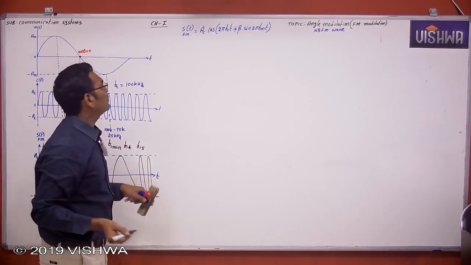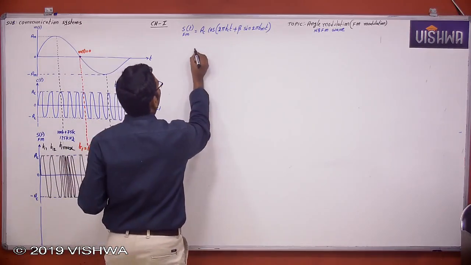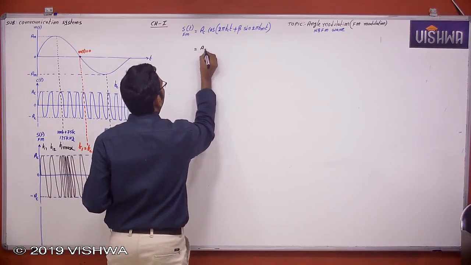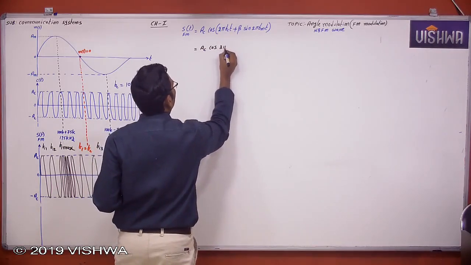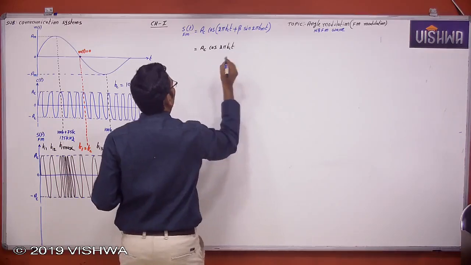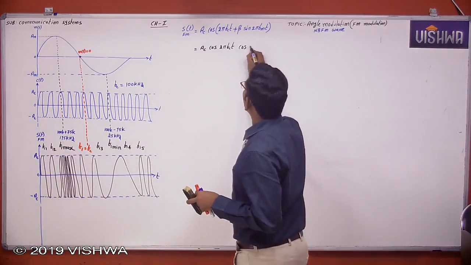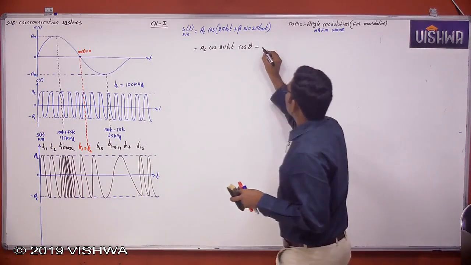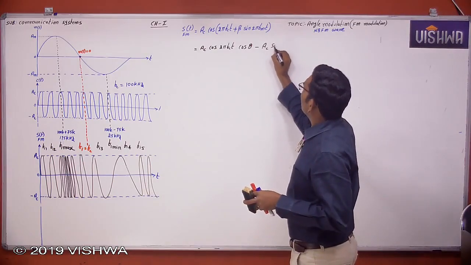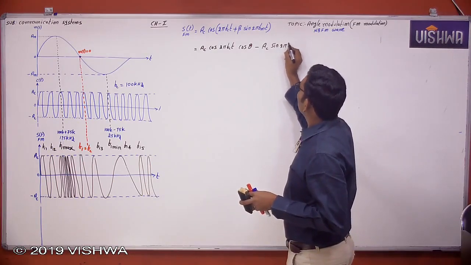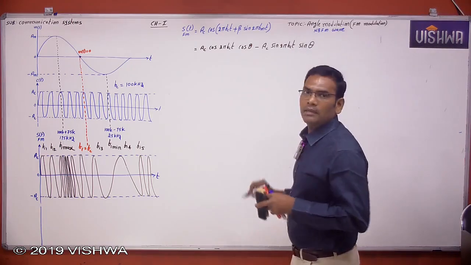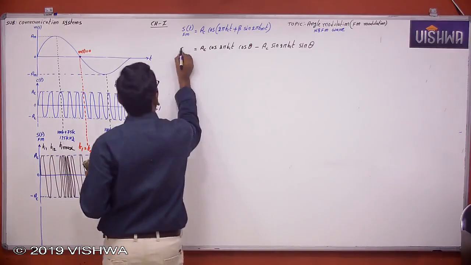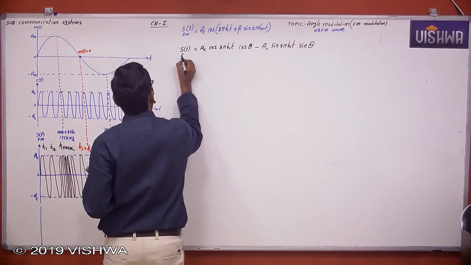Now see here, expand this: Ac, cos(A plus B) equals cos A cos B minus sin A sin B. This is the FM signal.